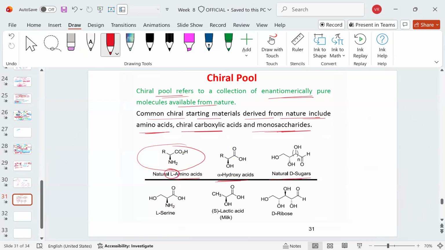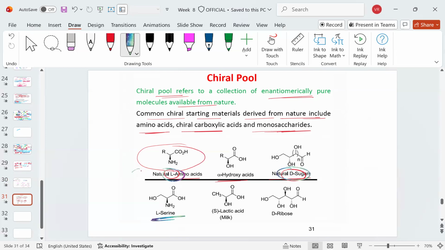So this L amino acid is naturally available, and D sugars are naturally available. You have to remember that, as maybe some question may come at some point in a competitive examination. All available amino acids are generally present in the L form, and the naturally available carbohydrates are in the D form.